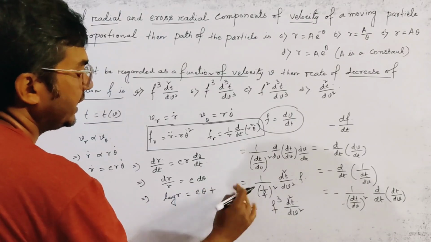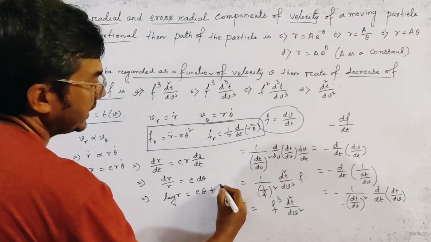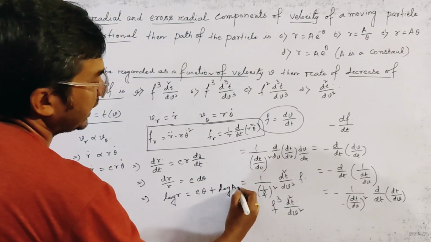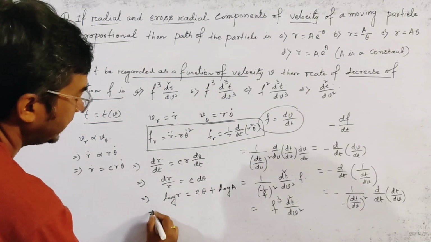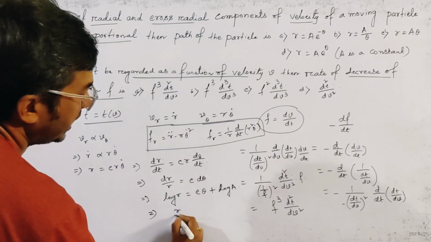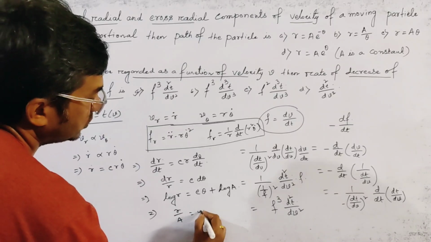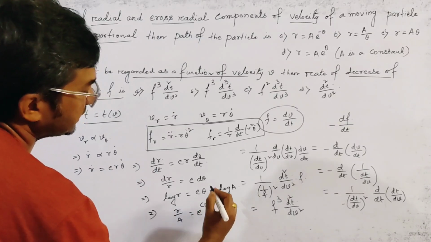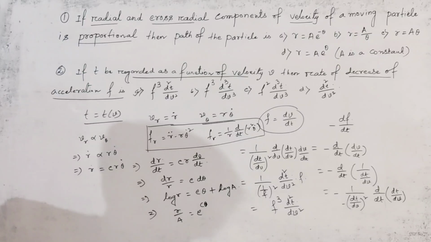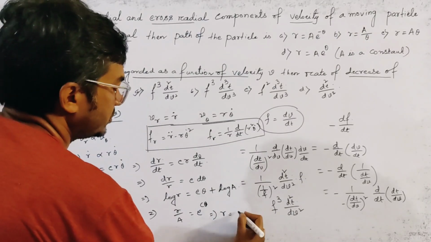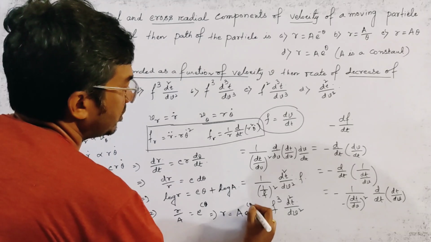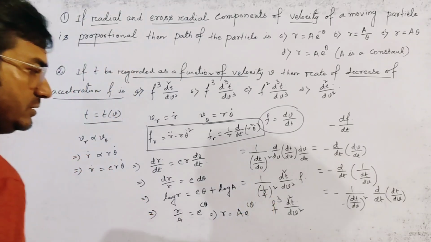If we take it equal to log a, in this case we get r by a equal to e to the power c theta. And this gives the result r equal to a into e to the power c theta.